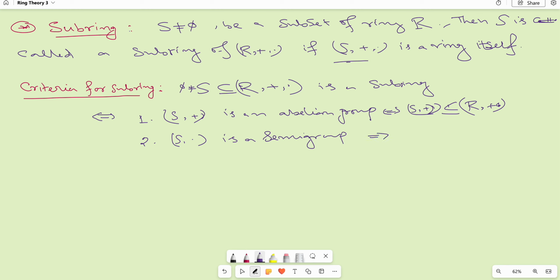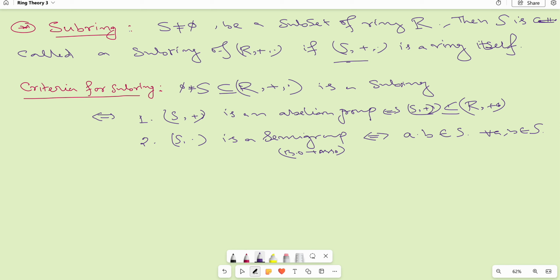Semigroup means the binary operation is closed and associative, which is equivalent to saying that a dot b is inside S for all a, b inside S. So first, this should be an abelian group, and this is a semigroup.